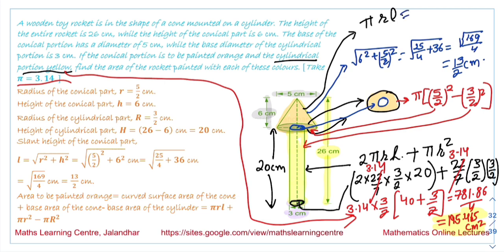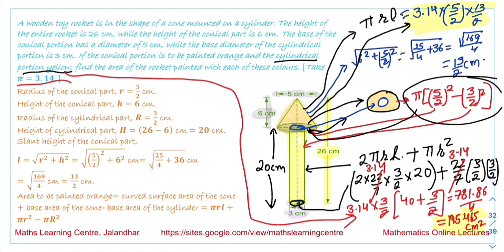Substituting, we get 3.14 into the radius of this cone, 5 by 2, and the value of L, 13 by 2 centimeters. This is the outer area of this cone. And this is the area of this ring.